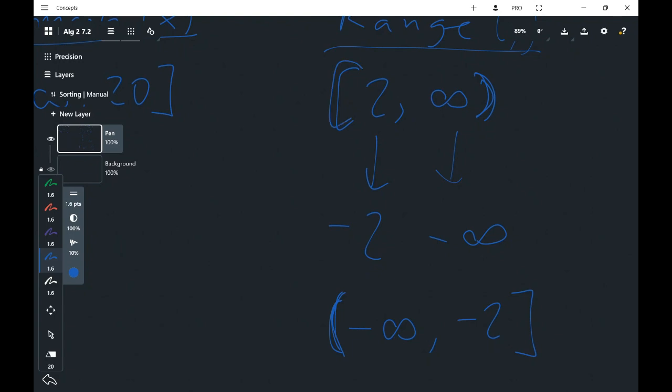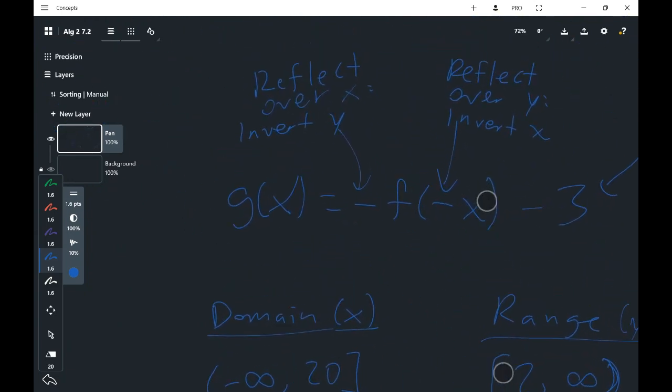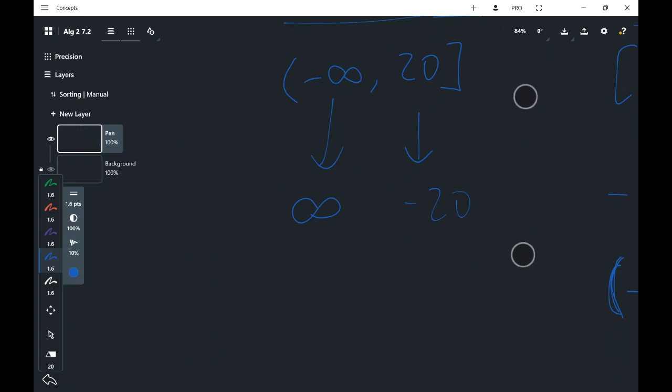And this closed bracket attached to the 2, I'm keeping that closed bracket for the negative 2. Okay, so we've inverted the y's. Let's invert the x's. This infinity becomes positive. This 20 becomes negative. And then if we swap this from smallest to biggest, close bracket on the negative 20, open bracket on the infinity.